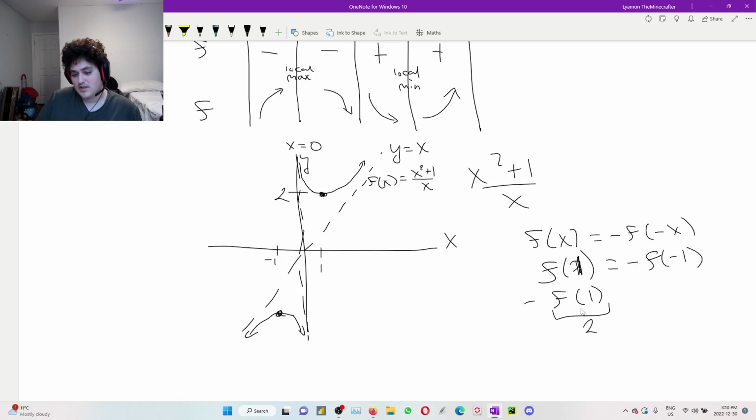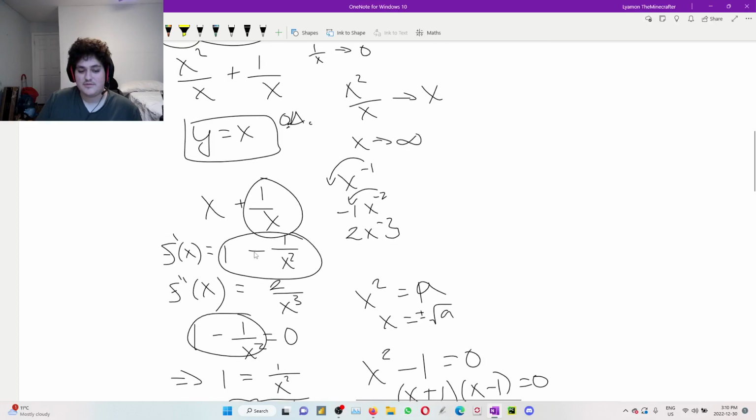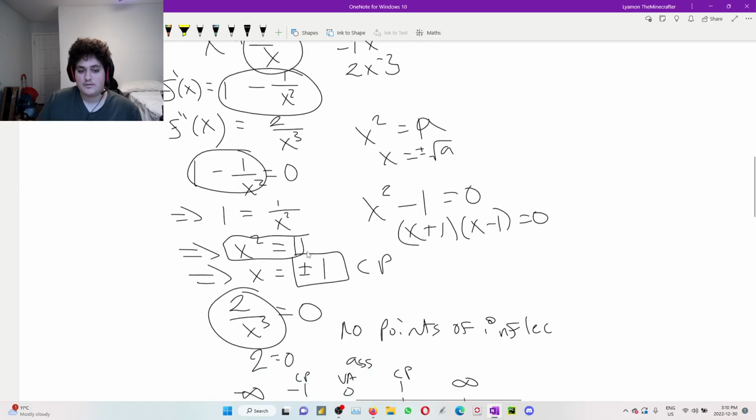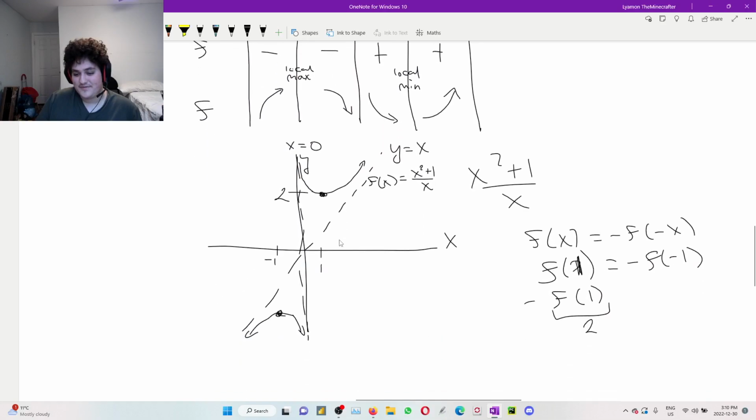This we said is 2, so it should be -2. And just to confirm, if you put in, oh, this is the derivative. I'm confusing myself. Oh yeah, it is -2, because -1 squared is 1, and the x is -1, so you get 2 over -1, which is -2. Yeah, that makes sense.